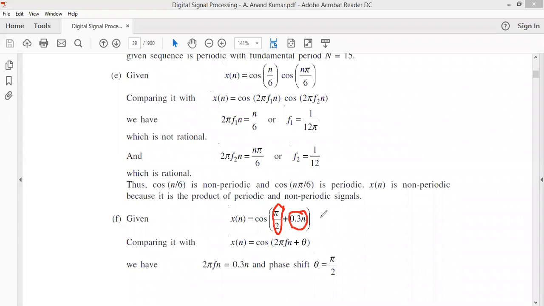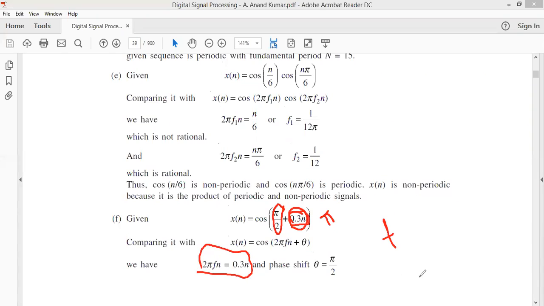In that, if pi is present, then you will be getting a periodic signal. If pi is not present, then f is a non-rational number, so it becomes non-periodic. So this 0.3n we have to compare with 2 pi fn.